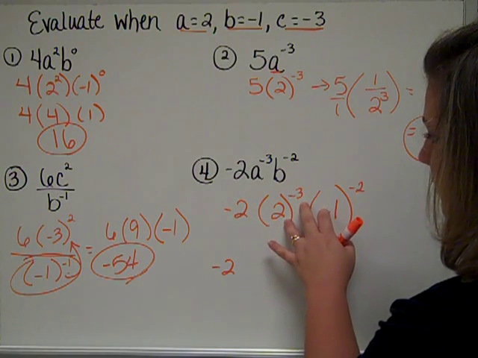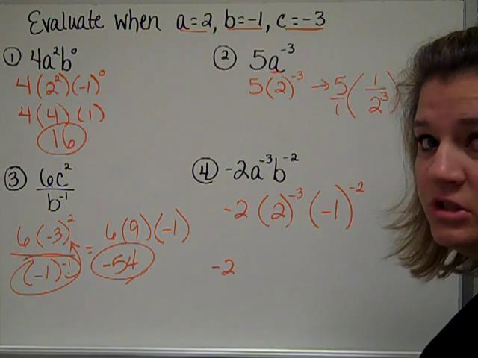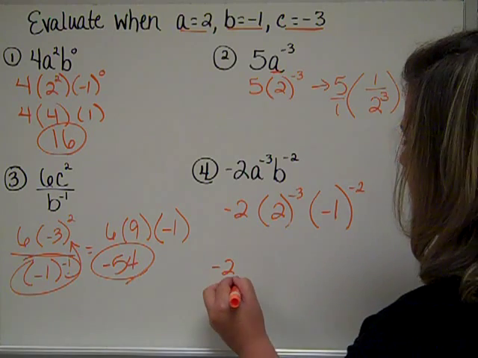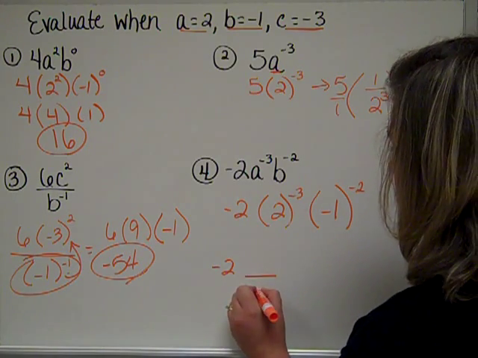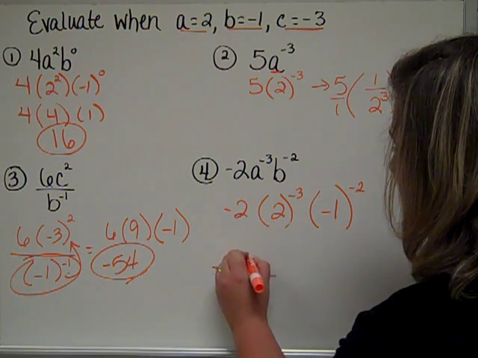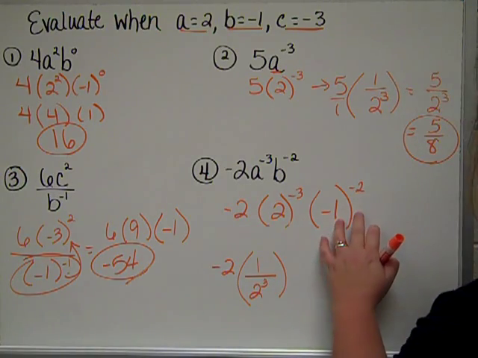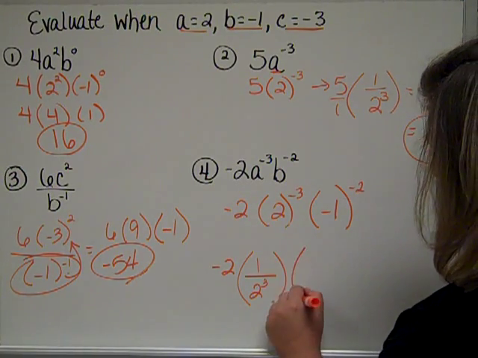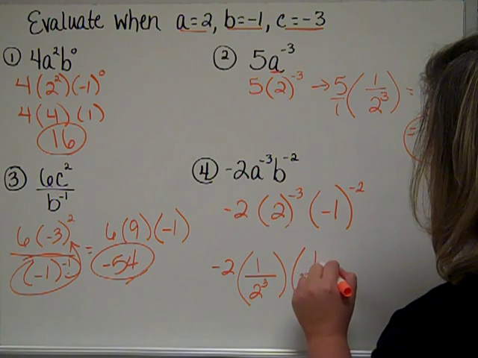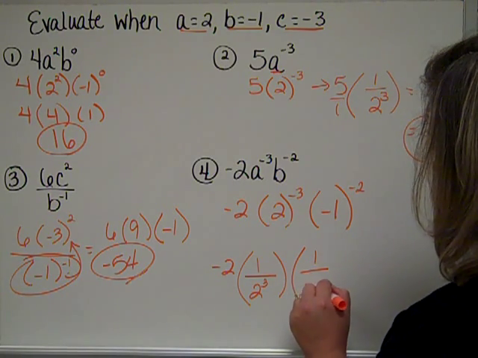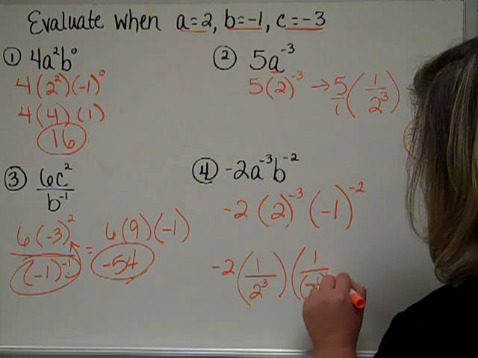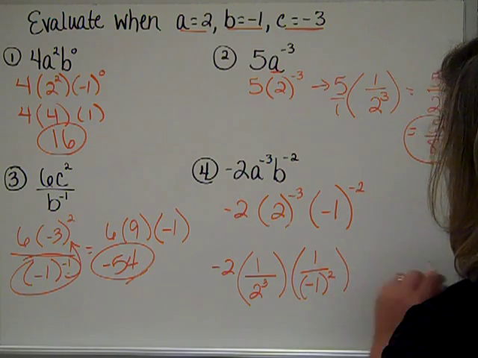This one has a -3, so that is going to change positions. We're going to take the reciprocal of that. So that goes down into the bottom. This one, same thing. All right? So it's -1, so that goes down into the bottom with a +2 exponent.